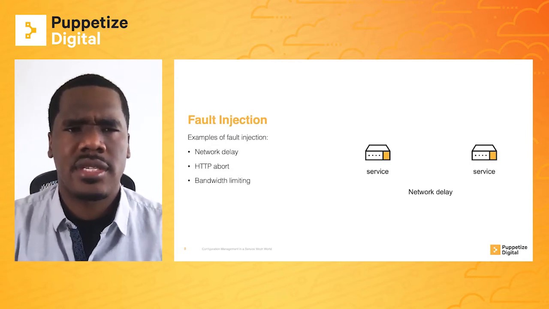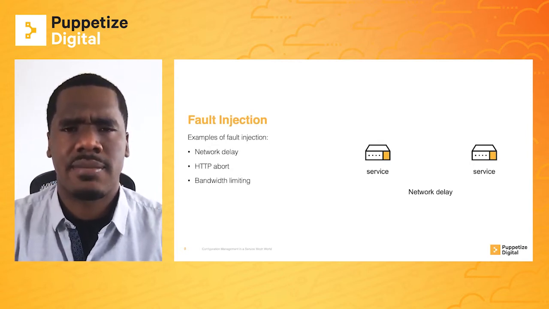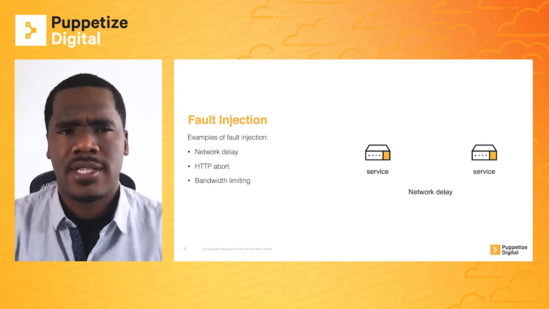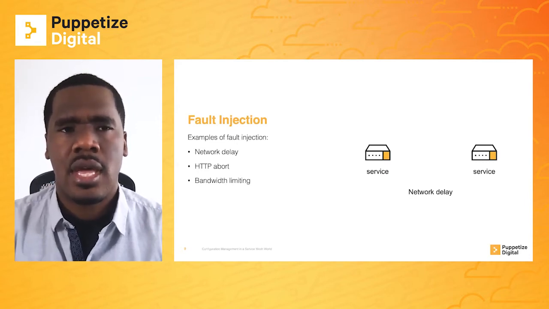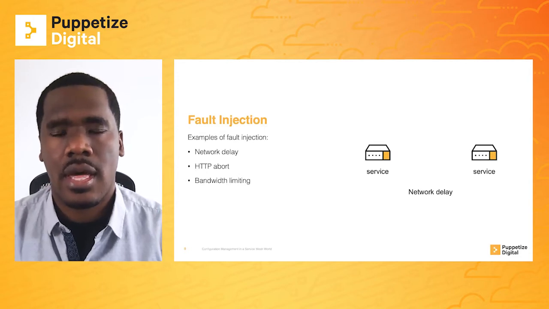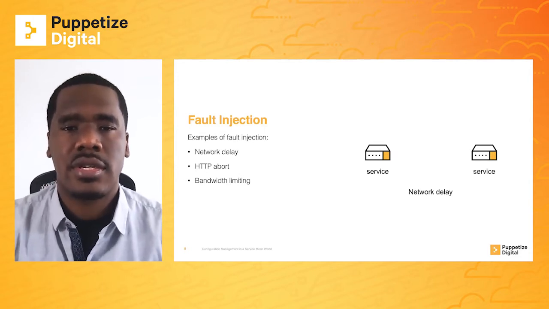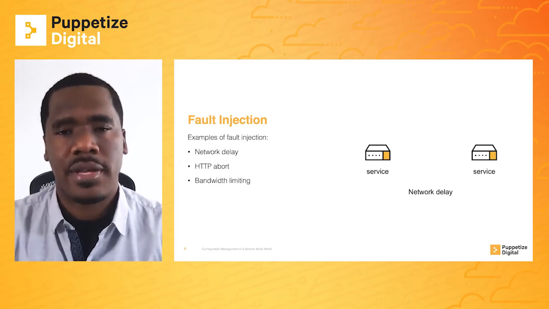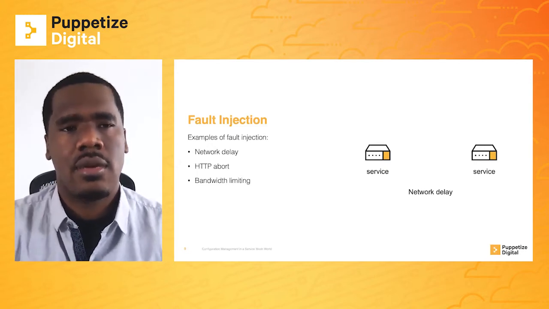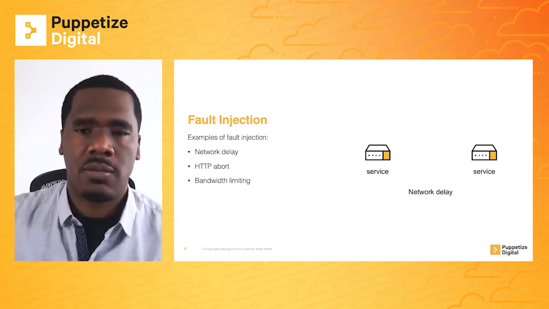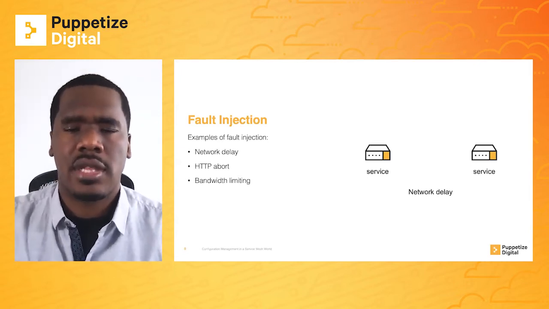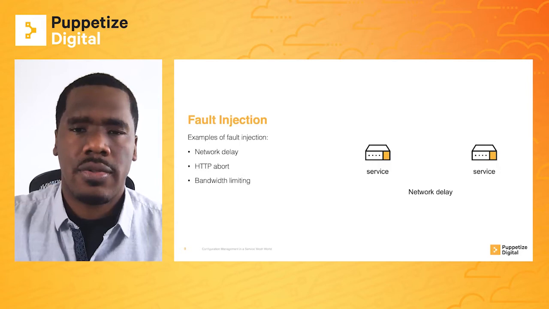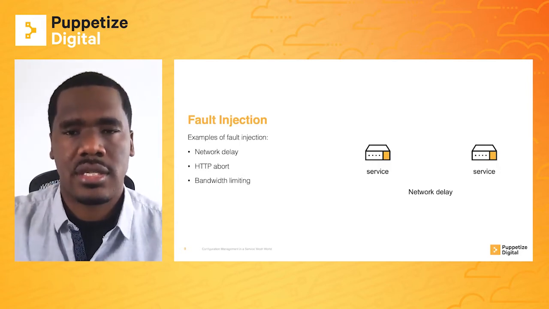One of the other advantages of service mesh is fault injection. So what do we mean by fault injection? This allows us to apply certain scenarios from, let's say, a network perspective to our application to test resiliency. And so one example that we'll actually go through here is network delay. And so the first service wants to talk to the second service.